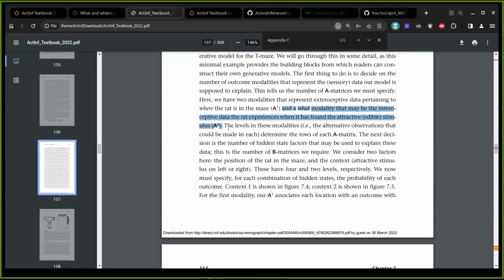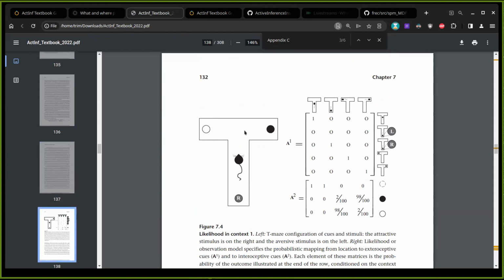And so just like the what and the where in the brain, there are two matrices and they have different shapes because the location, the where A matrix maps location cues to location hidden states, true locations, which is here a noiseless mapping.